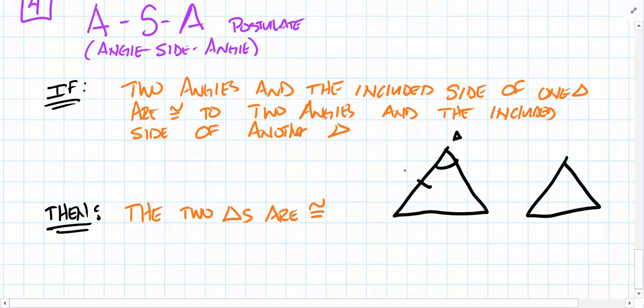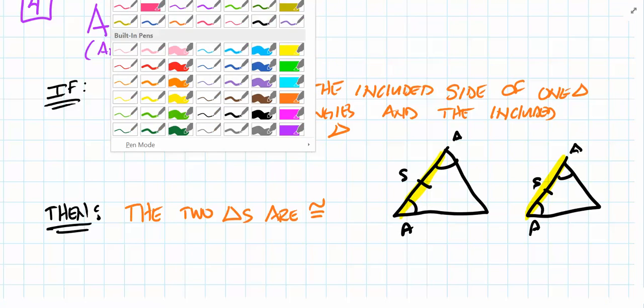You guys get it? That would be congruent to this one: an angle, then a side, and then an angle. You've got to make sure that the side is in between the two angles that you're trying to show. That angle, that angle, that angle, and that angle. That's the picture for angle side angle.